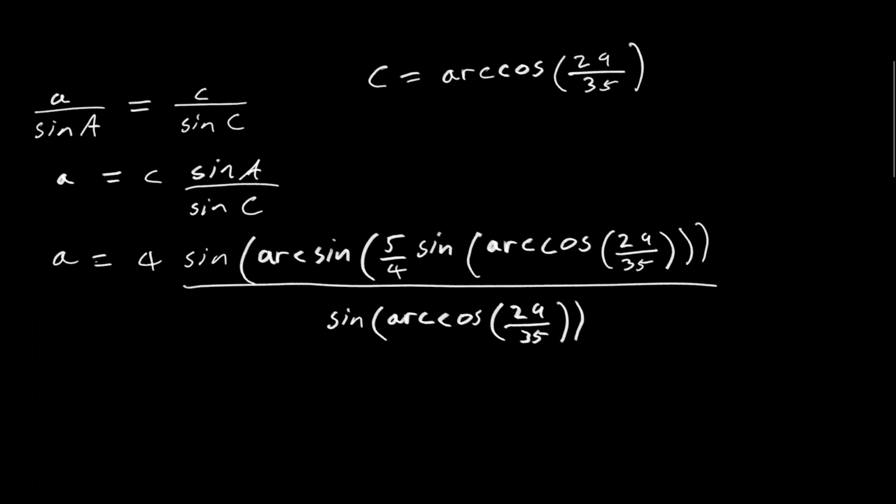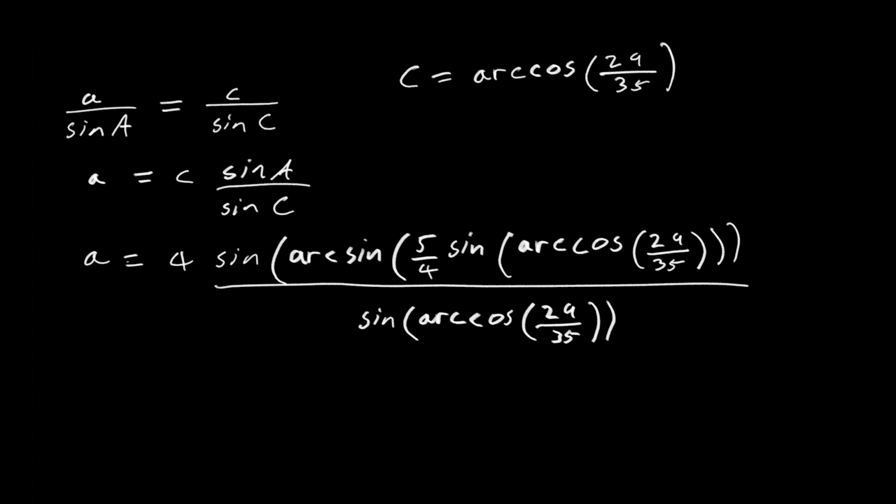You might recognize this here also as the sine of C, the sine of the arc cosine of 29/35. So if we can get rid of some of this stuff, we're going to get some cancellation. Notice here that we are taking the sine of the arc sine. Sine and arc sine are inverse functions. They undo each other, which means we can just forget about that.